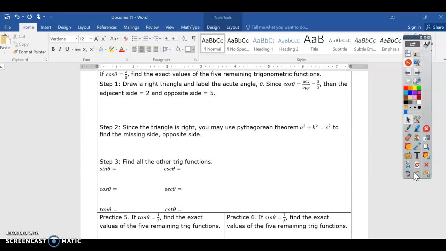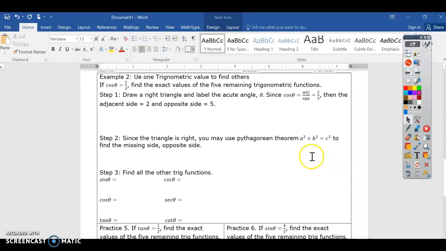The second thing we're going to figure out is how to use one trigonometric value to find the others. If we know the cosine of theta is 2 over 5, we're going to find the exact values of the other 5 trig functions.